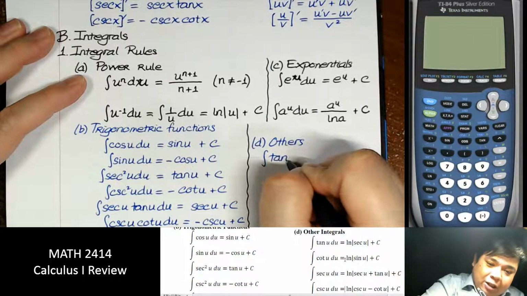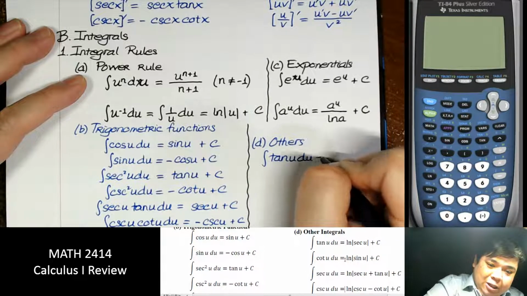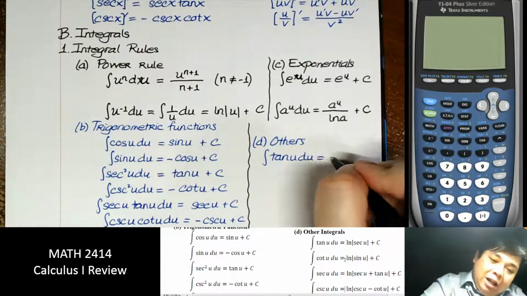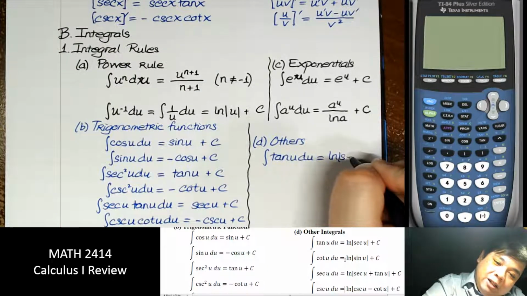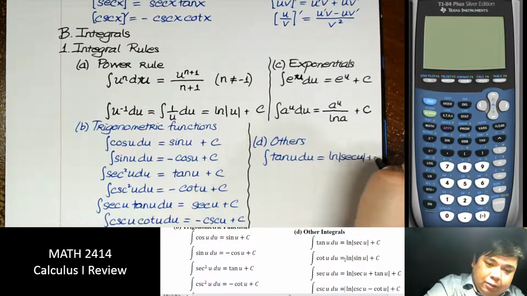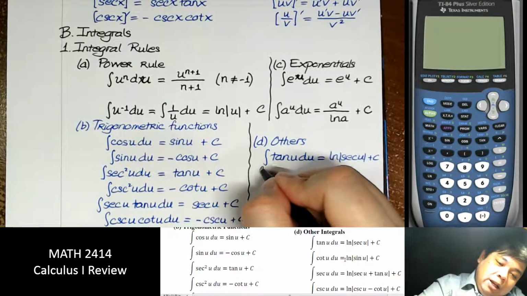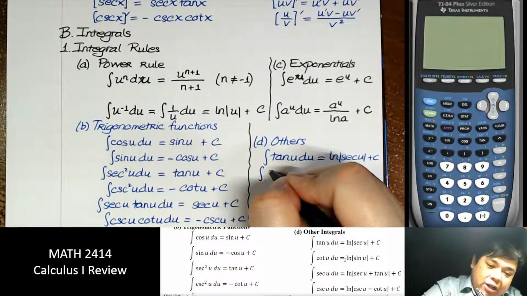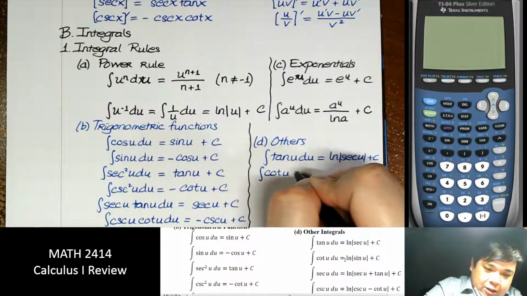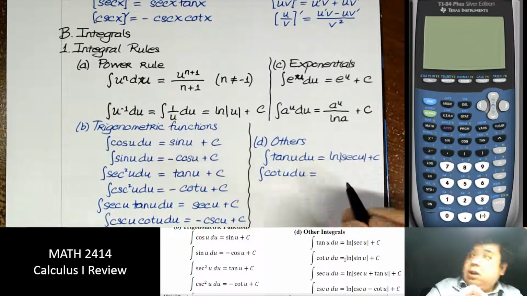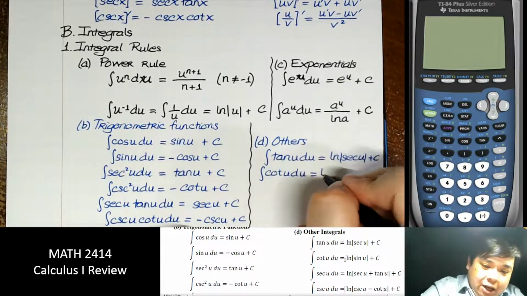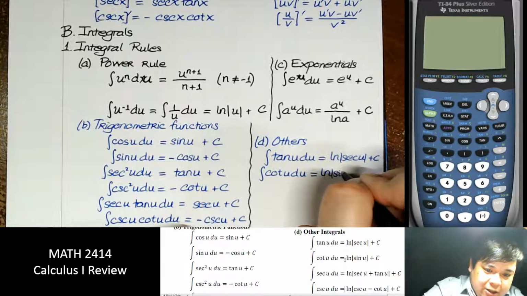Integral of tangent is ln of secant. Integral of cotangent is ln of sine. There's no negative here.